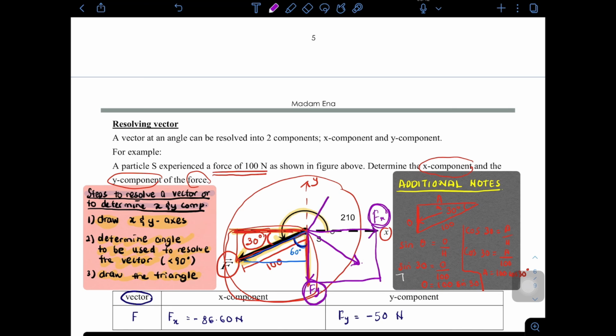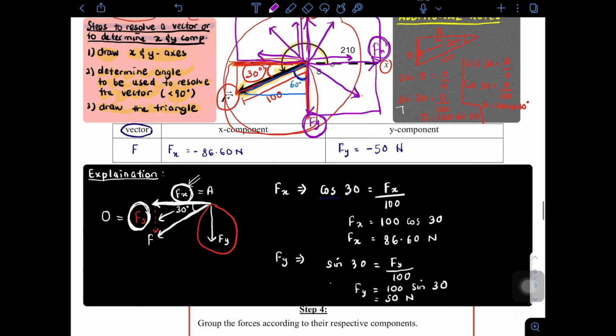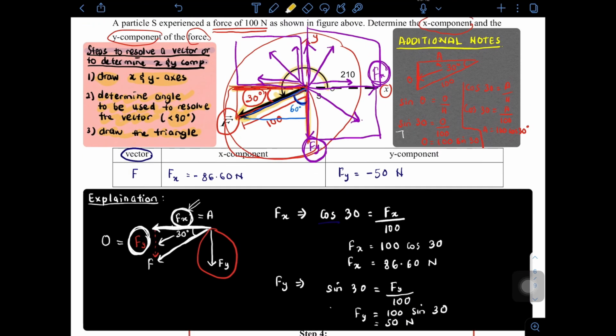Let's say you have another vector over here, in this quadrant: your Fx is to the right and your Fy is upwards, so both are positive. And lastly, maybe your vector over here, in this quadrant: your Fx is to the left, so negative, and your Fy is upwards, positive. It depends on where your vector lies on the axis.